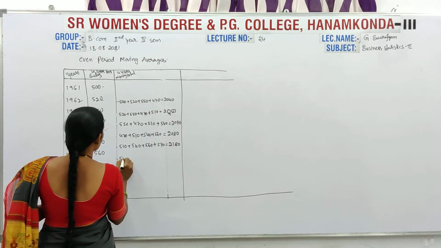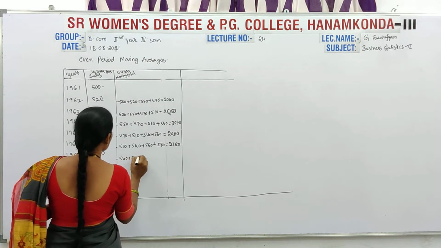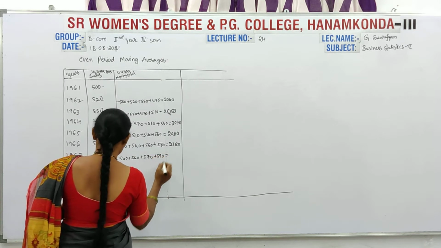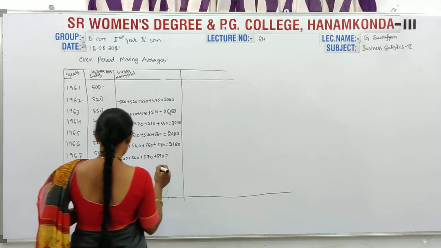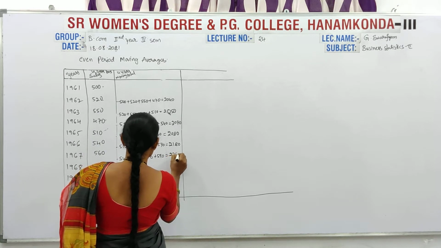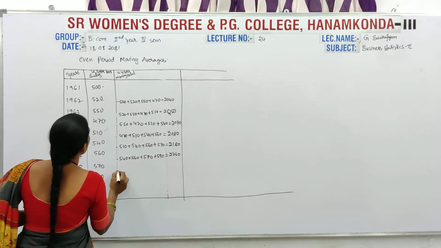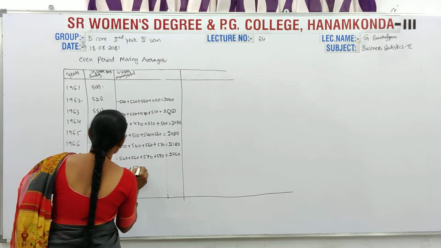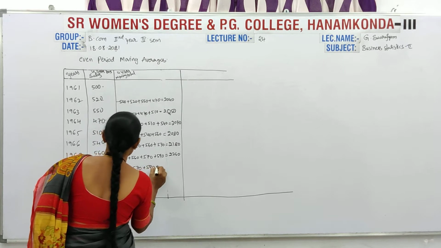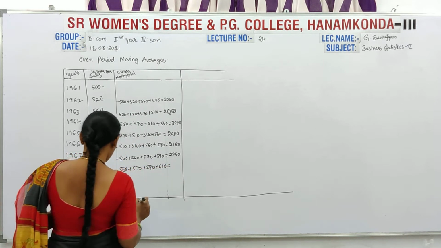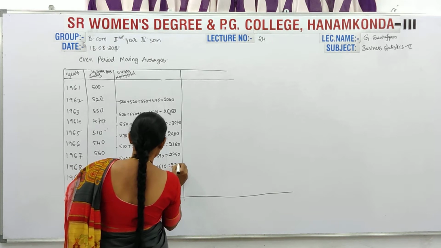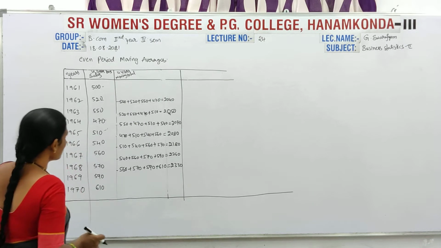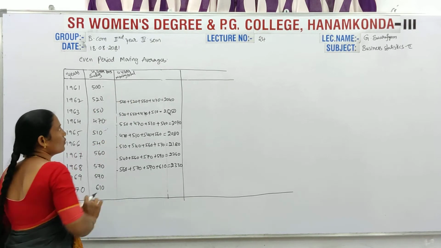Next, 540 plus 560 plus 570 plus 590, which is 2260. Next, 560 plus 570 plus 590 plus 610, the total is 2330. Okay, this is the 4 years moving total.